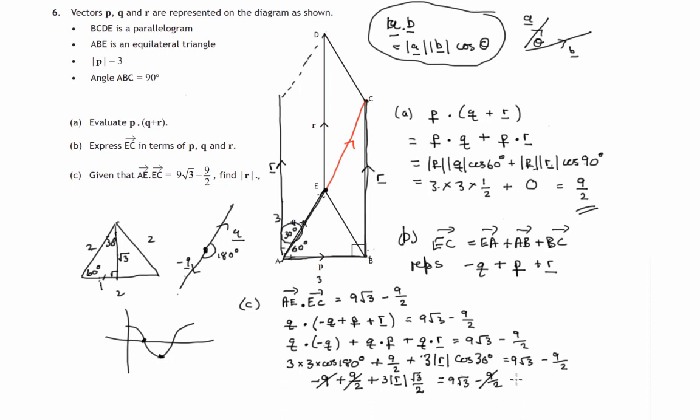Now, there's various things we can do here. If we double both sides, get rid of that fraction, we'll get 18 root 3. If we now divide both sides by root 3 and divide both sides by 3, we'll finally get the magnitude of R equals 18 divided by 3, which is 6.